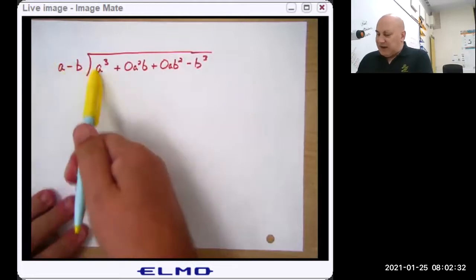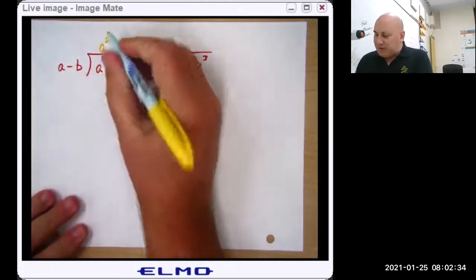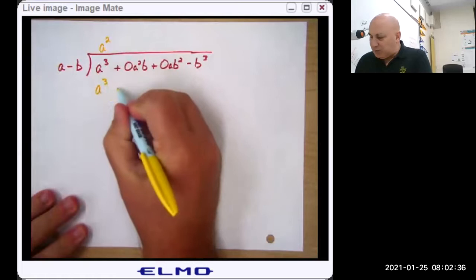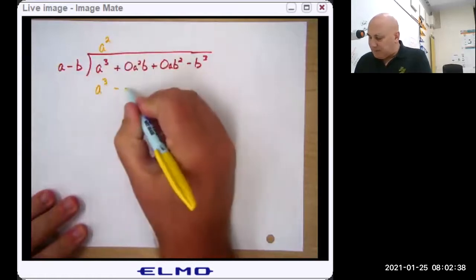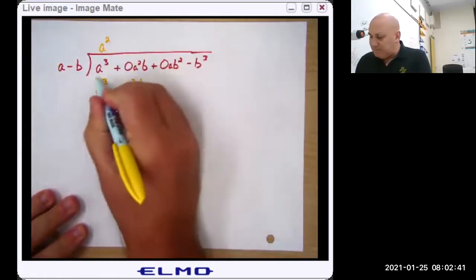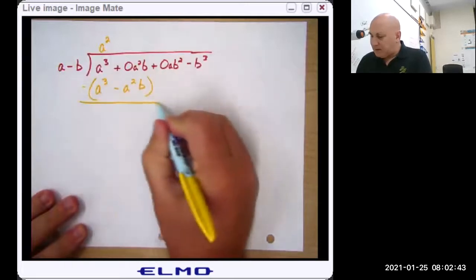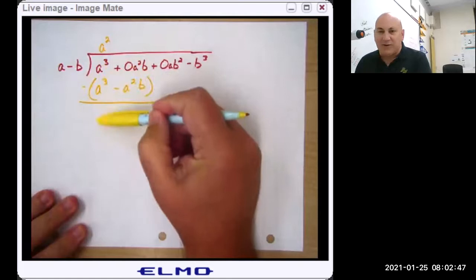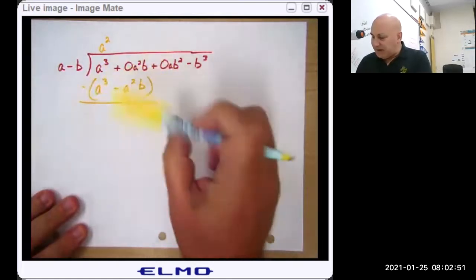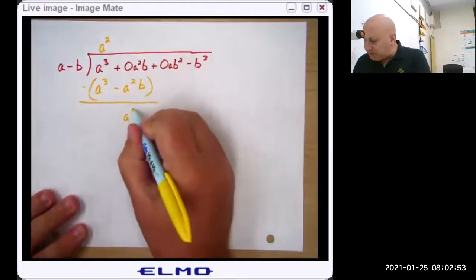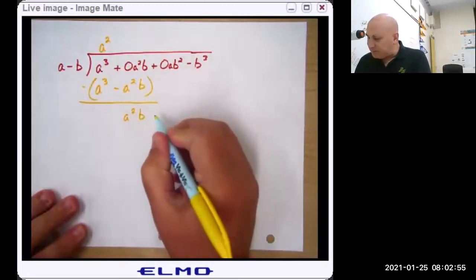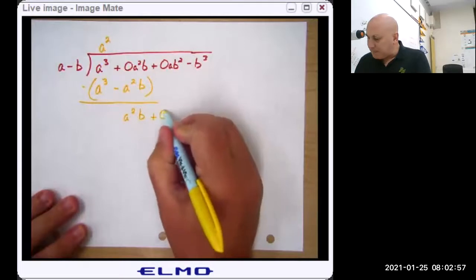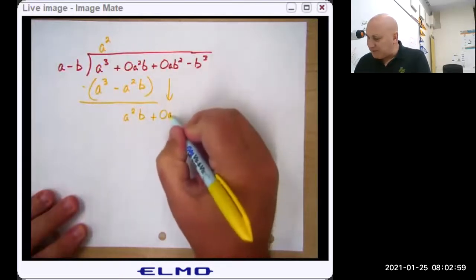So a goes into a cubed a squared times, that's a cubed minus a squared b. And I subtract that. a cubed minus a cubed, this first term must always cancel or you've done something wrong. Then 0 minus a negative is going to be a positive a squared b. We'll bring this term down.